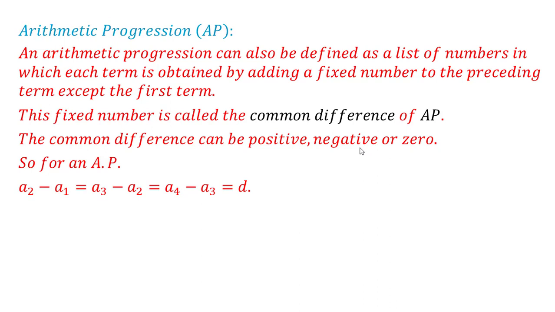It could be like 10, then 9, then 8. That is also an arithmetic progression with a common difference of minus 1. Okay, so the important thing we should keep in mind is that a2 minus a1 will be same as a3 minus a2 will be same as a4 minus a3, and this is called common difference d.